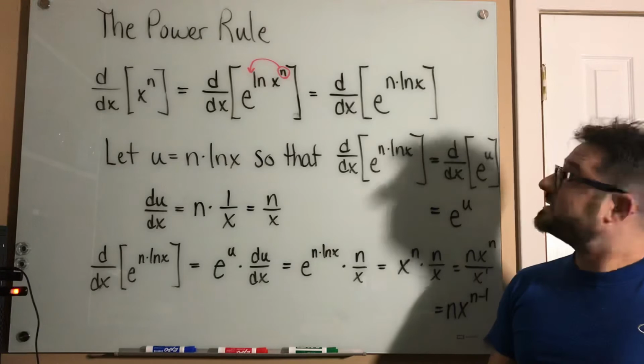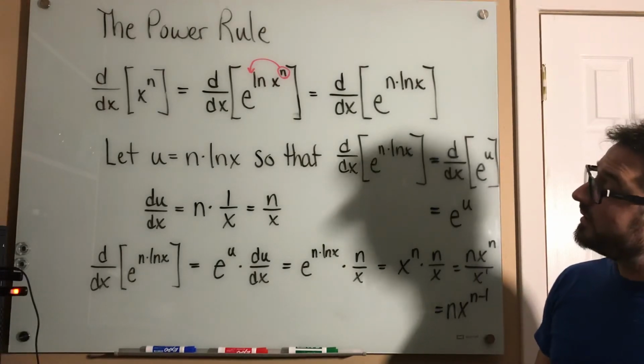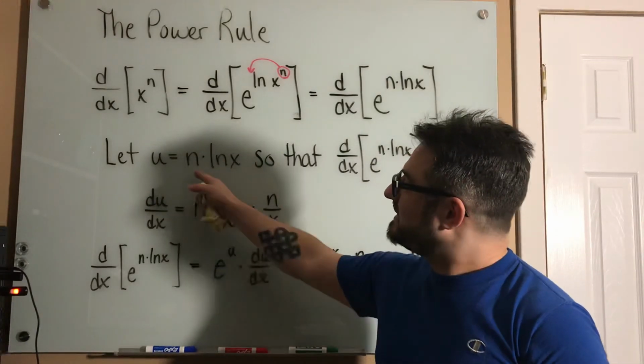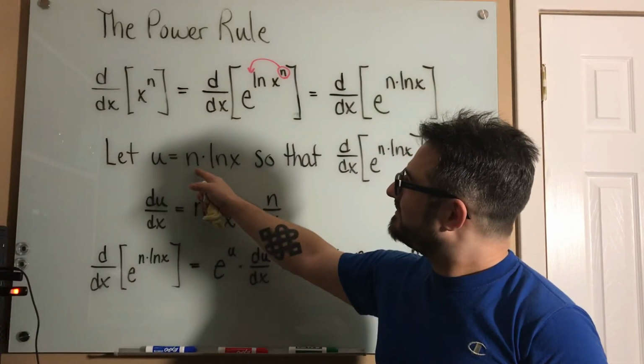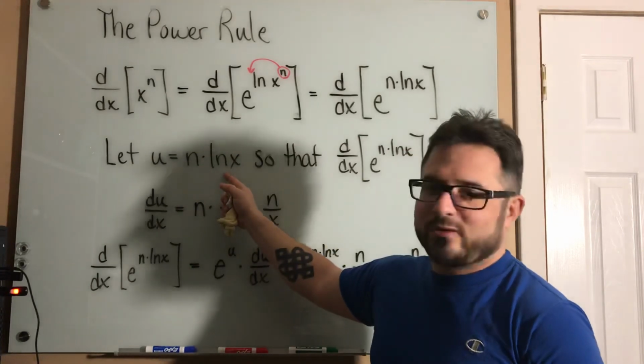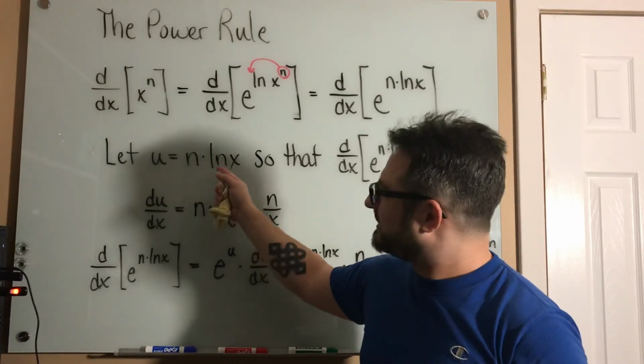Now, part of the reason this doesn't work when n equals 0 is this right here. If n is 0, the whole thing boils down to a constant. This becomes 1, and the derivative of 1 is 0.